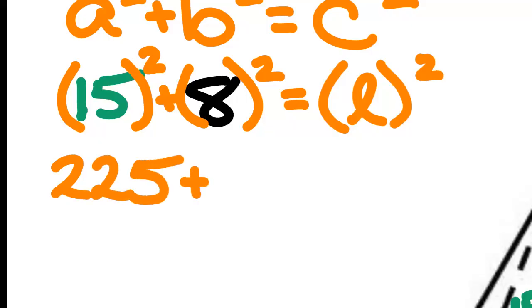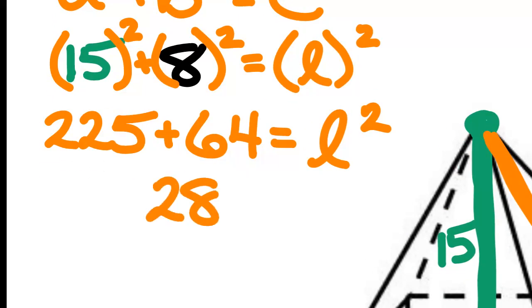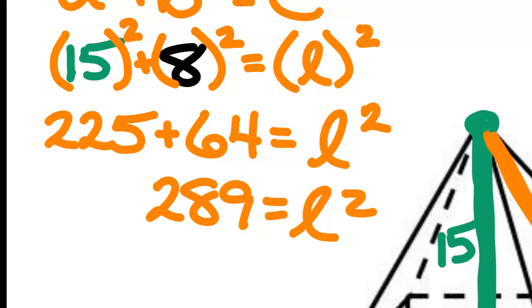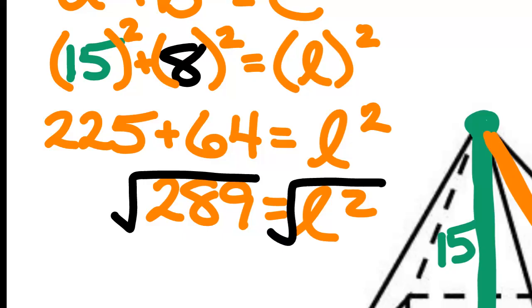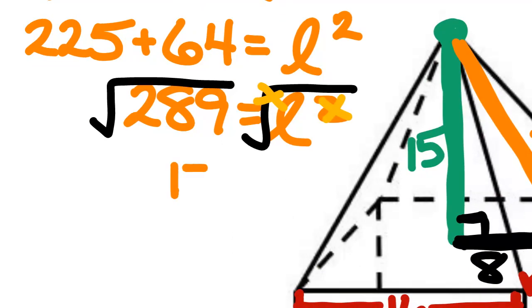What is 8 squared? 64. What do we get when we add 225 and 64 together? 289 equals the slant height squared. Then we take a square root of both sides. If you do it to one side, you got to do it to the other side. Squared and square root cancel out on my slant height. And what is the square root of 289? 17 is my slant height.